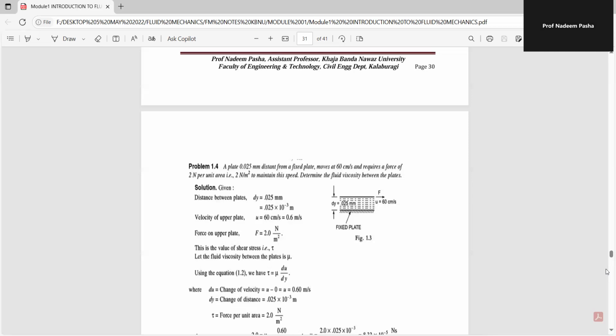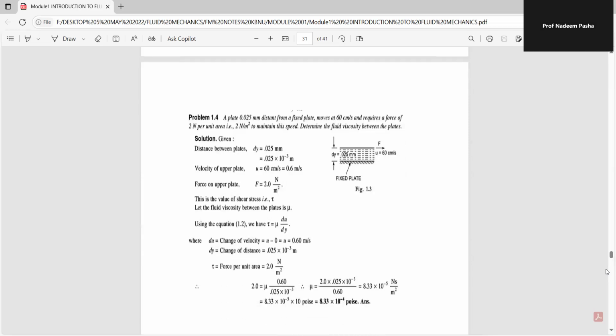Now, using the equation of Newton's law of viscosity, tau is equal to mu into du/dy, where du is equal to change in velocity, u minus 0. Here the velocity is not changing, so u comes out to be 0.6 meter per second only. Similarly, dy is equal to change in distance, given as 0.025 into 10 raised to minus 3 meter. Tau is also given as force per unit area, sorry, 2 Newton per meter square.